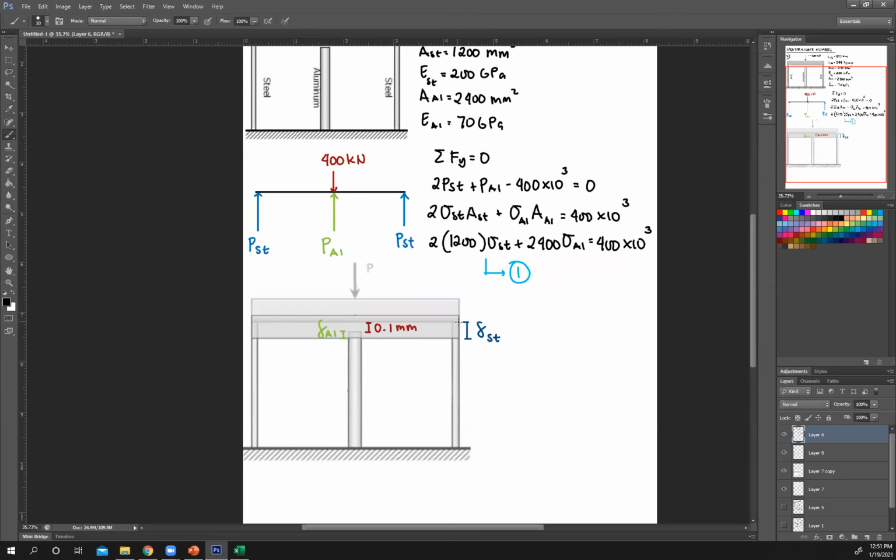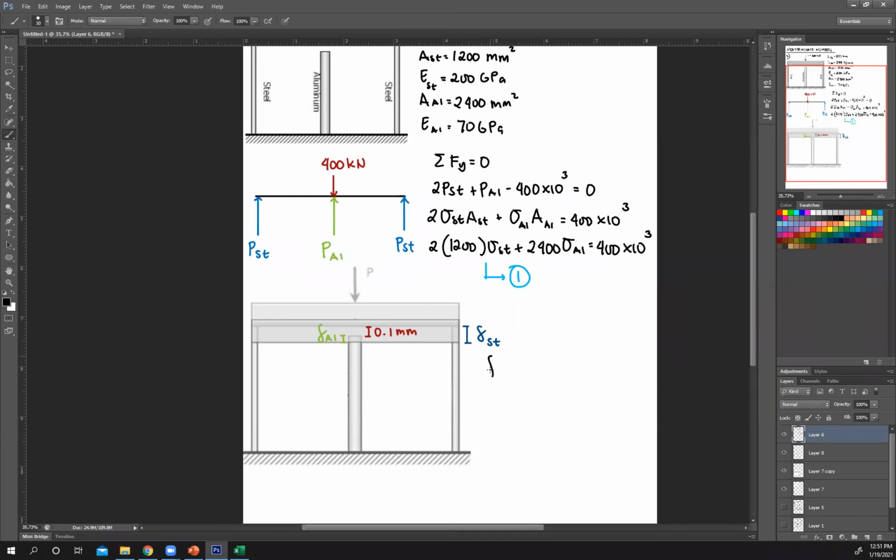The total deformation of steel, delta ST, is equal to 0.1 plus the deformation of aluminum, according to this drawing. So deformation of steel equals deformation of aluminum plus 0.1.